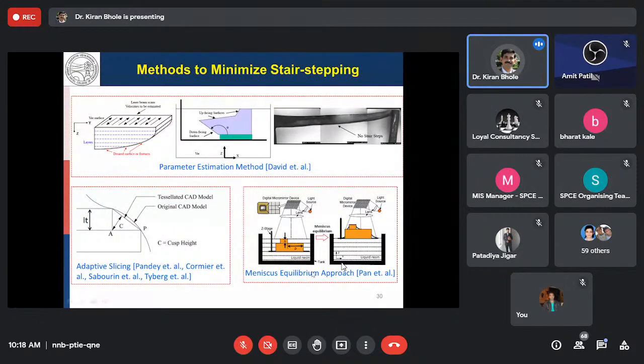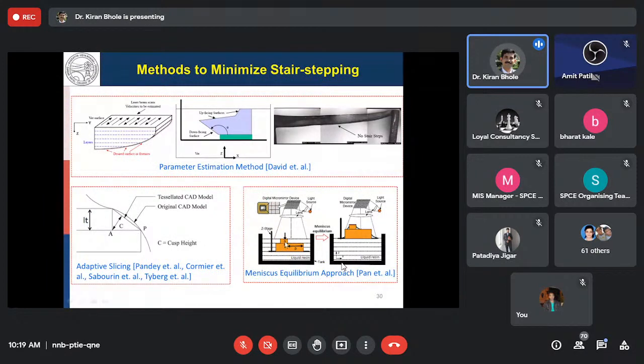And then next is the meniscus equilibrium approach, which is given by Pan et al. What he has presented in his approach is that, let us say this is a structure which is to be fabricated, having curved surfaces all around, and these are the two layers of the structure fabricated by layer fabrication.